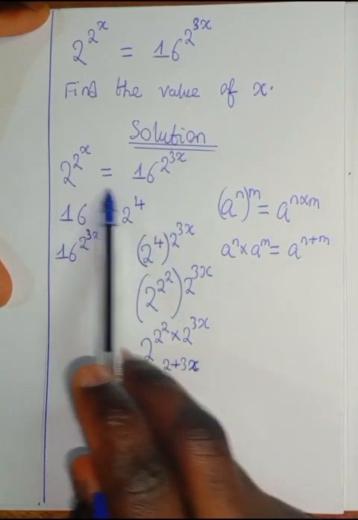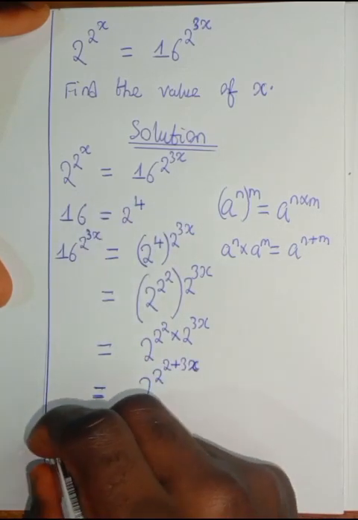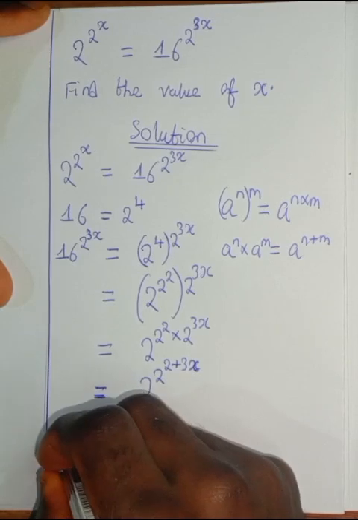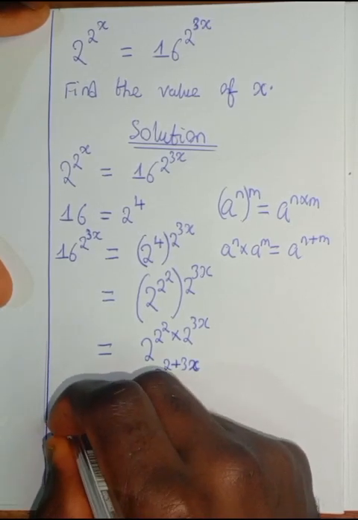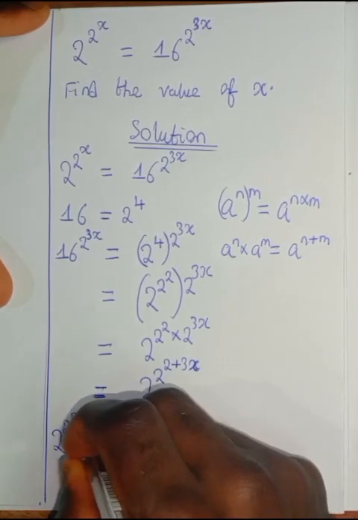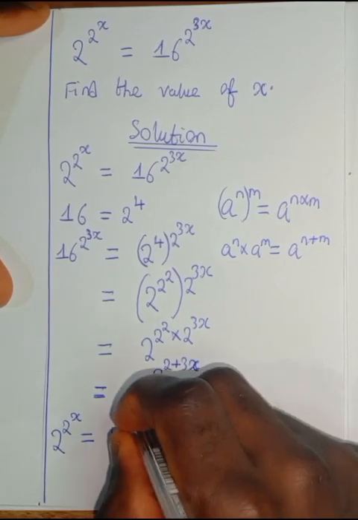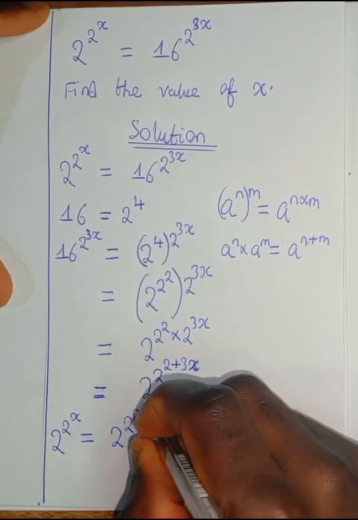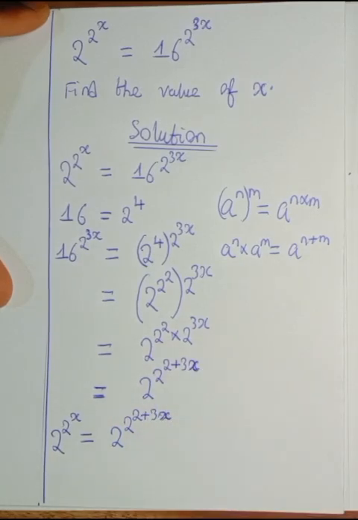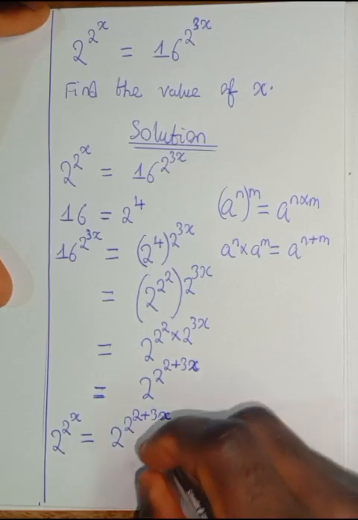I'm going to replace it here in this our equation. This will give us 2 raised to the power 2 raised to the power x is equal to 2 raised to the power 2 raised to the power 2 plus 3x. At this level, you will see that the bases are the same. If the left hand side is equal to the right hand side, then the powers must be the same.